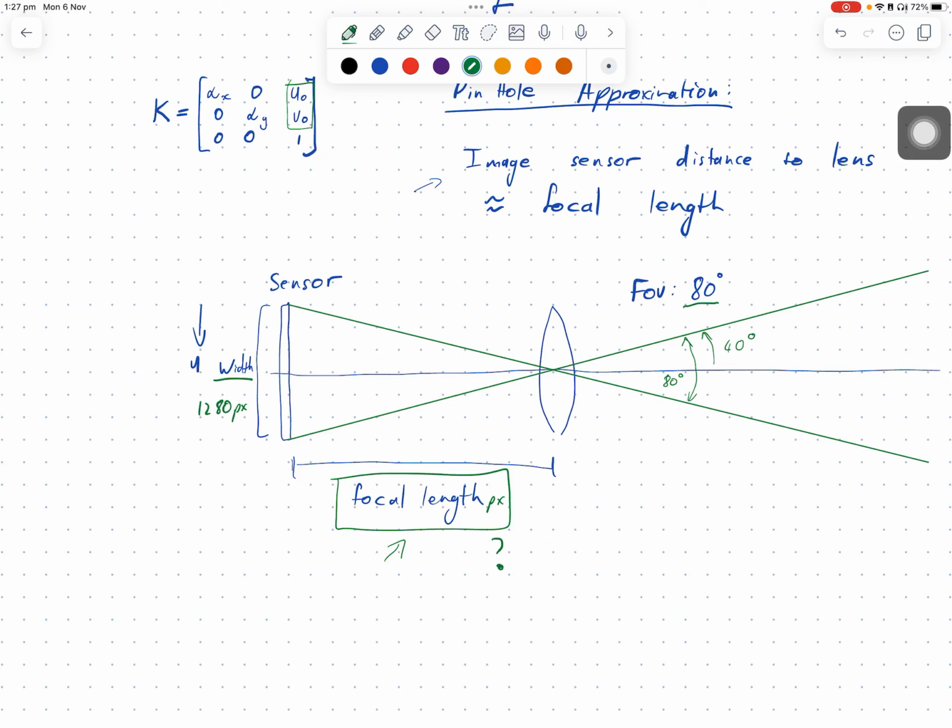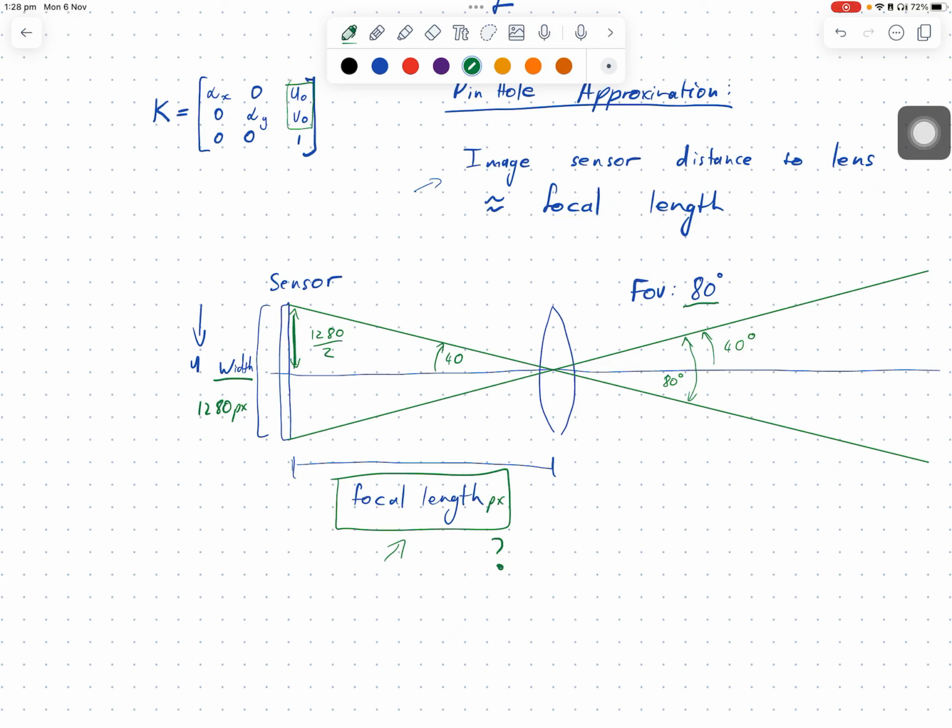We just use trigonometry. We know that this angle here is 40 degrees, because it's the same as this angle here. And we also know that this length here is going to be 1280 on 2, because it's just half the sensor.